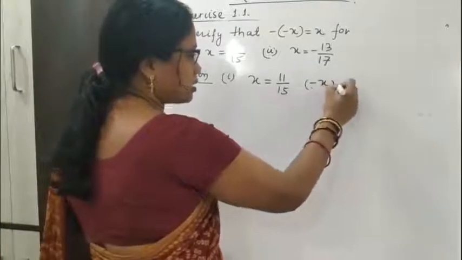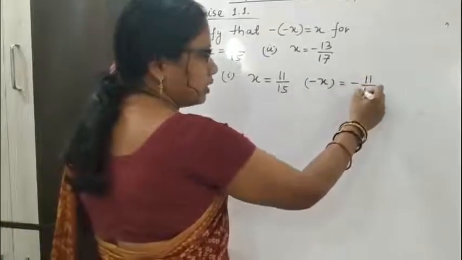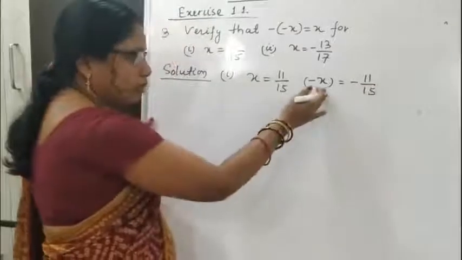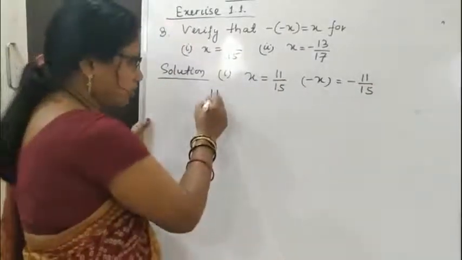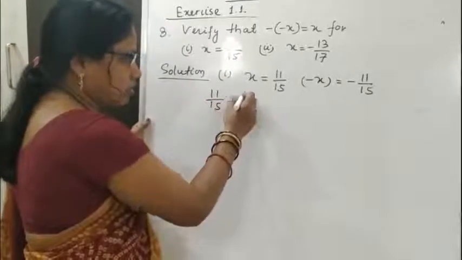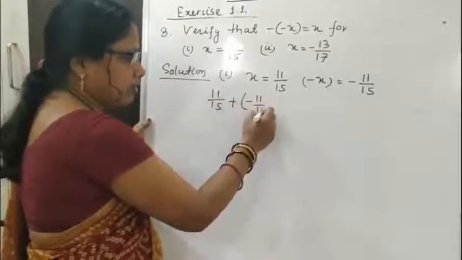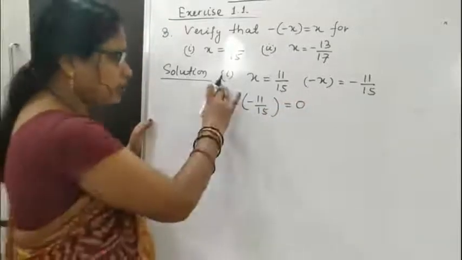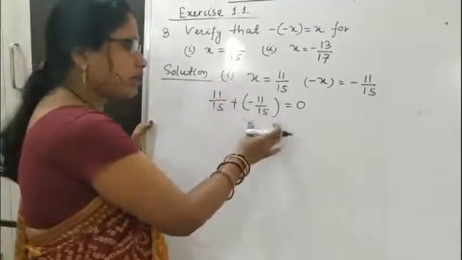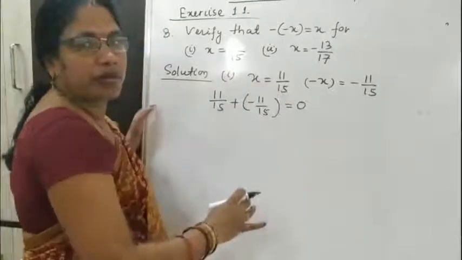So minus x is equal to minus 11 by 15. So here minus x is the additive inverse of x. So 11 by 15 plus minus 11 by 15 is equal to 0.